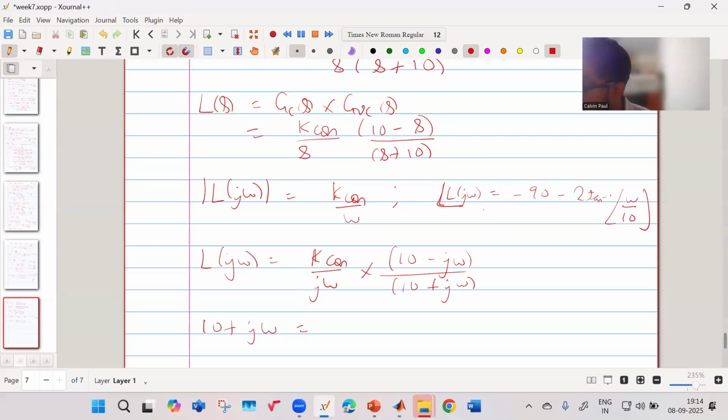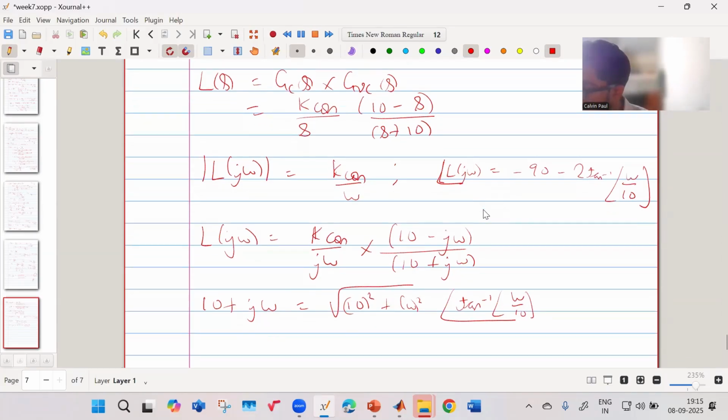10 plus j omega, this is in the xy form. Let us write it in the radial form. That would be the magnitude square root of 10 square plus omega square, right? And the angle of this will be tan inverse of omega upon 10. Okay, this is the angular contribution of this.